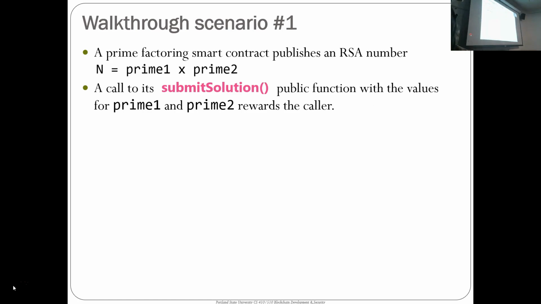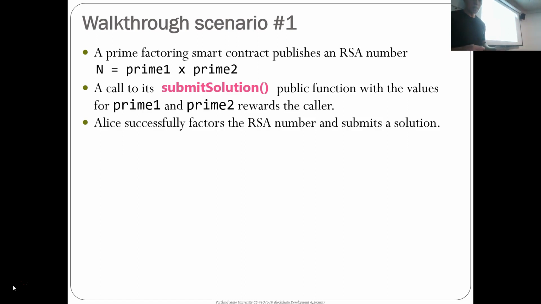And then if someone has properly done this, created prime 1 and prime 2, I'm going to send some cryptocurrency back to the caller. And so say Alice successfully factors the RSA number, submits a solution.